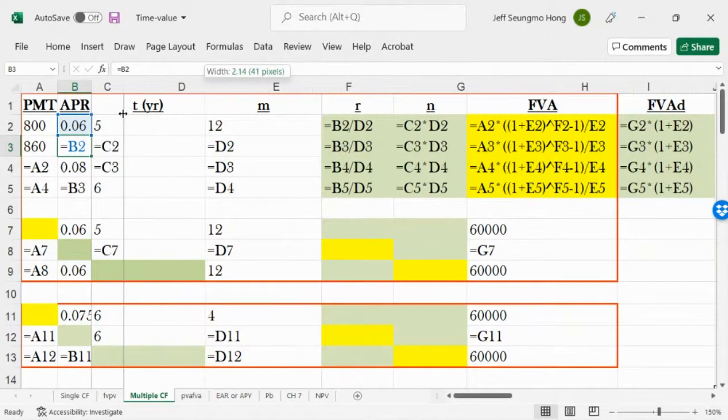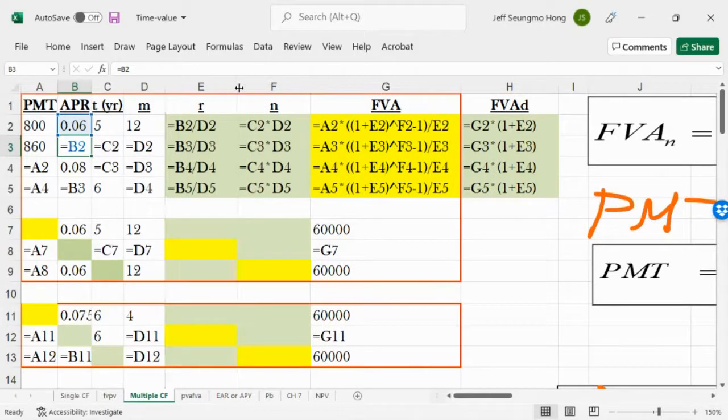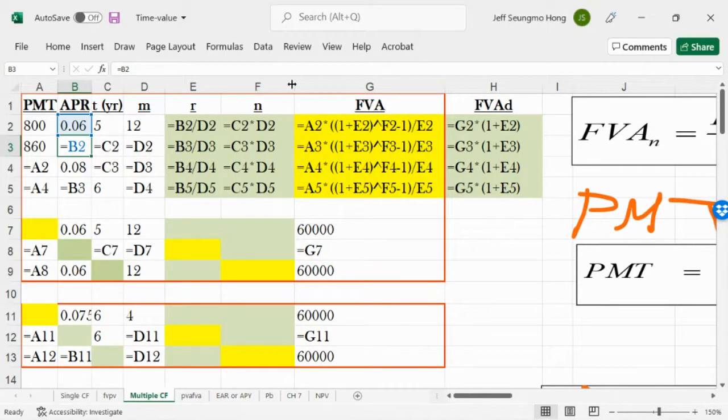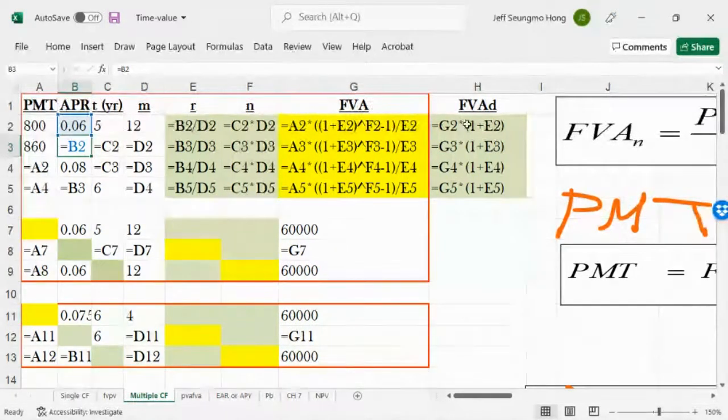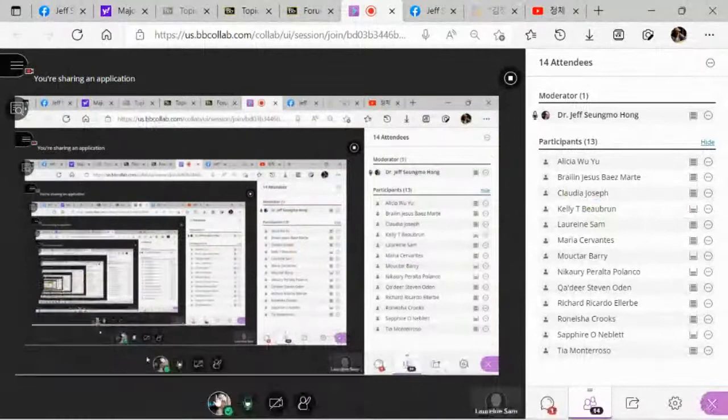Let me resize it so you can see the whole thing. All right, I think that's it. All right, we'll go into the break.